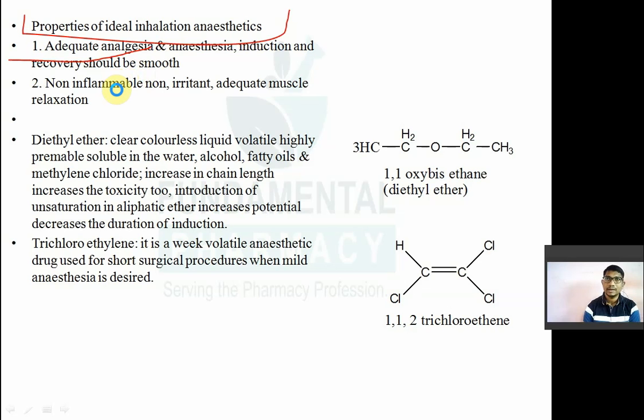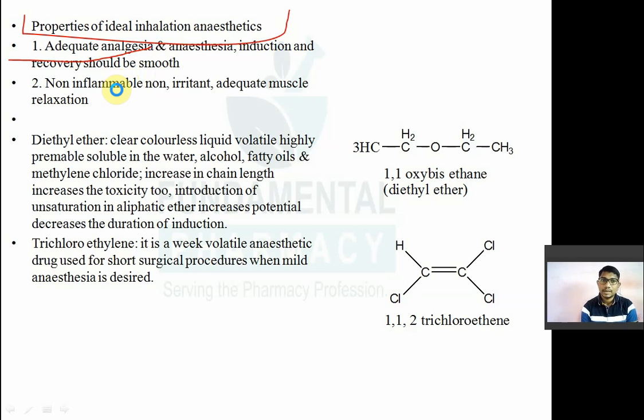Anesthesia क्यों करना है? क्योंकि आपको ऑपरेशन करना है and patient should not feel the pain. That's why an ideal anesthetic agent will produce adequate anesthesia plus adequate analgesia. Analgesia means loss of pain. Anesthesia means loss of consciousness. Okay? So ideal anesthetic agent should produce analgesia more than anesthesia.